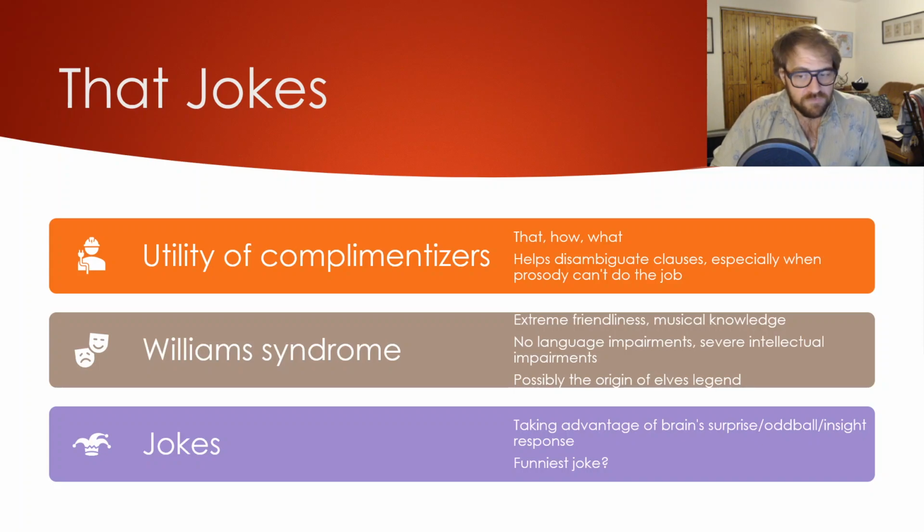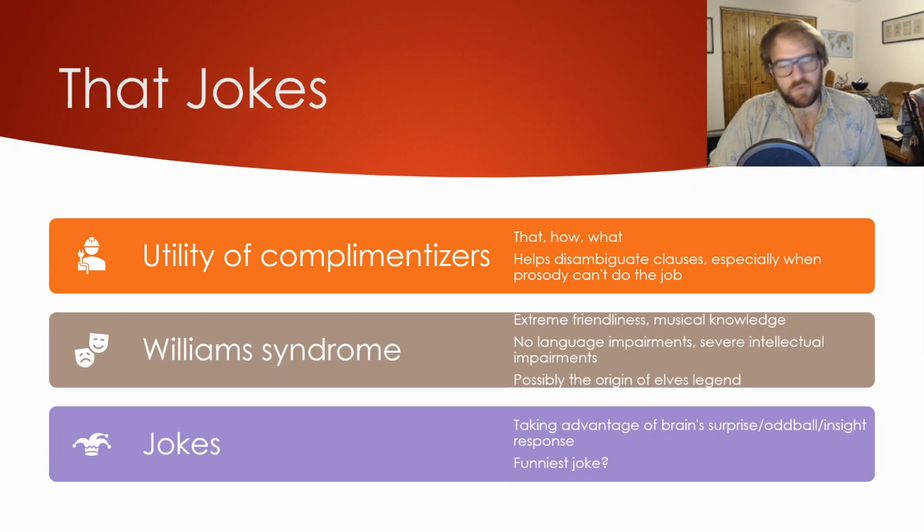However, they do have severe intellectual impairments. So it's interesting that they have large amounts of language knowledge, large amounts of musical knowledge, and then when you ask them to do tasks where you would be measuring their IQ, they can't. So it's kind of like they have wholesale intellectual impairments, except for language and music.